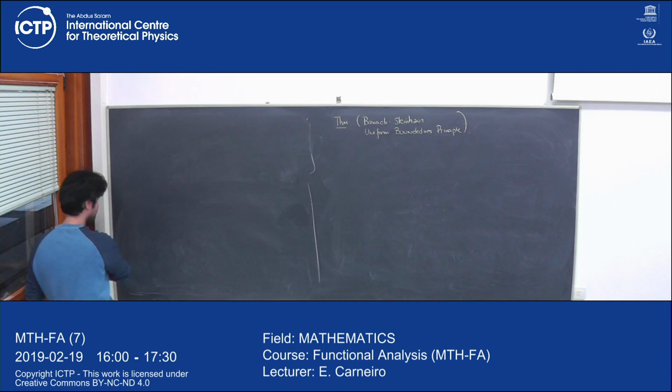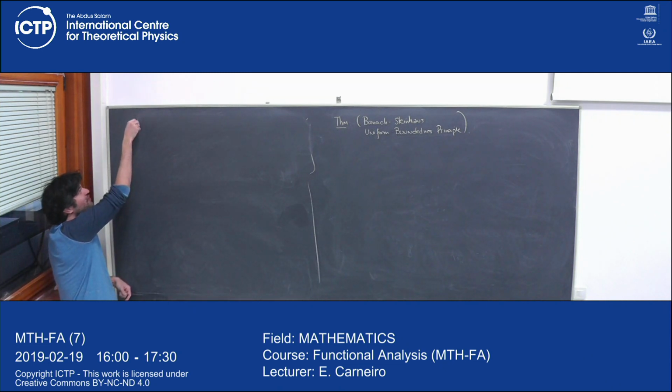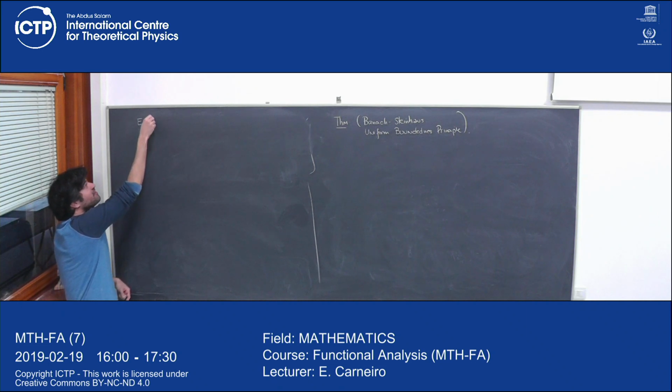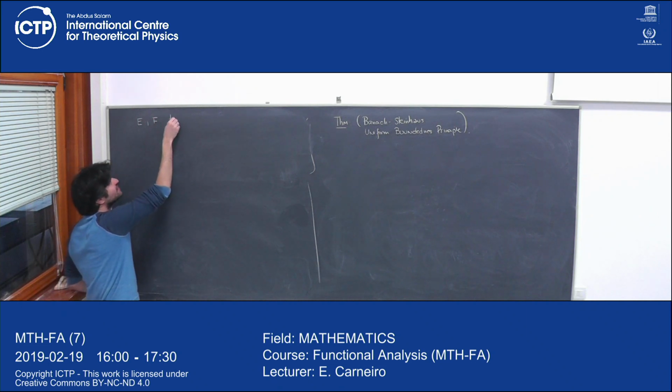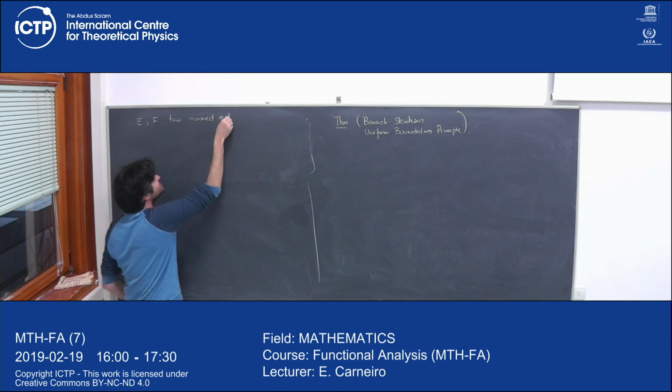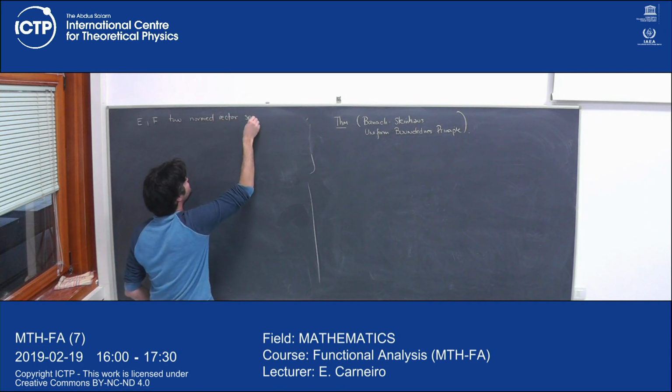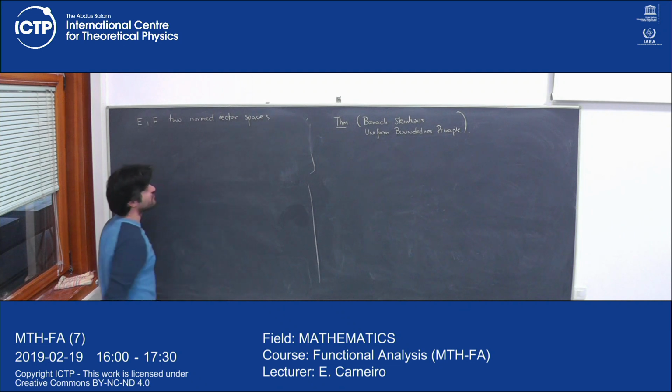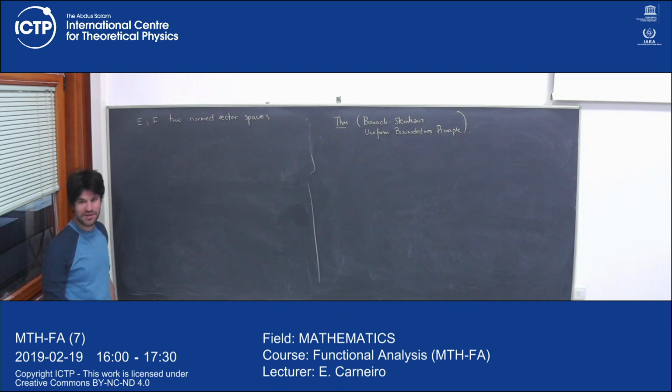Okay. So if we have E and F being two normed vector spaces, let me give you two normed vector spaces.